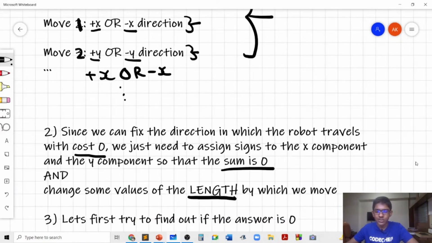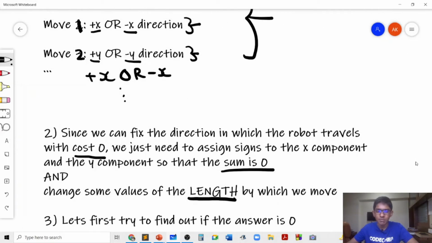And first, let's just try to approach a simpler version of this problem, which is just checking whether the answer is 0, or basically whether the sum is already 0. So is the sum already equal to 0 is what we'll be checking. There may be various ways to do this, but I'll be presenting a dynamic programming approach to check whether the sum is 0.